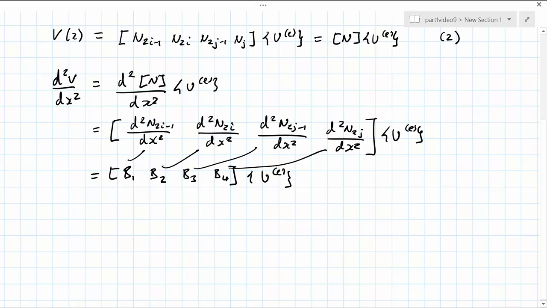As a result of this, we can also write d2v by dx squared is equal to B times ue.